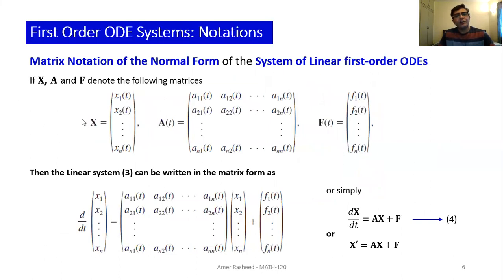If we denote x by this vector, x1, x2, so on, xn, and the matrix A, which contains the coefficients of all the dependent variables, which are a11 of t, which is a function of t only, and a12, a1n of t, and so on, all these coefficients, which are basically the coefficients of dependent variables.